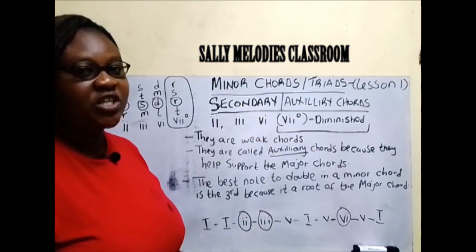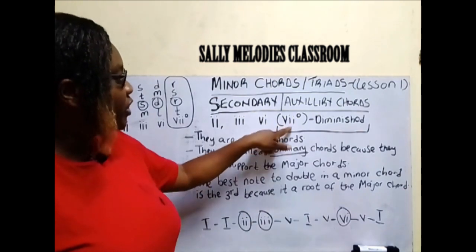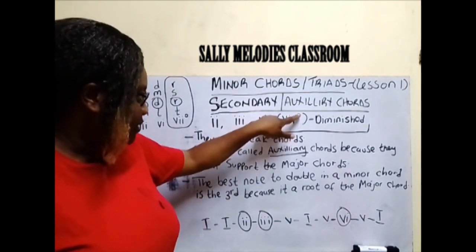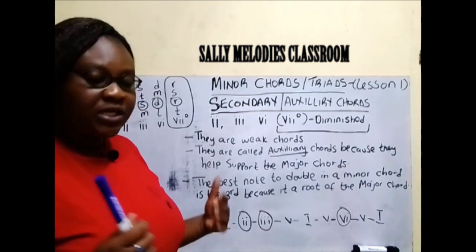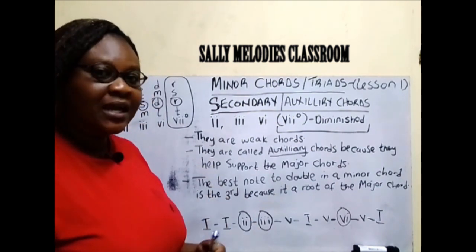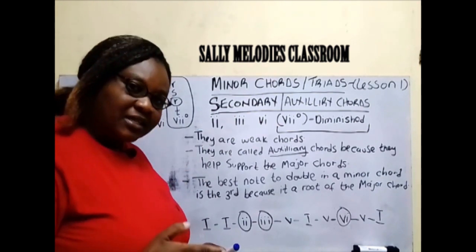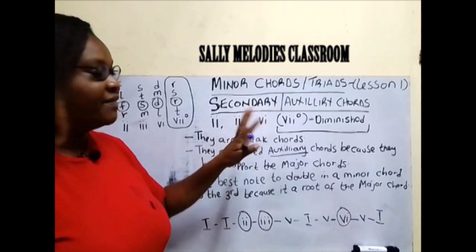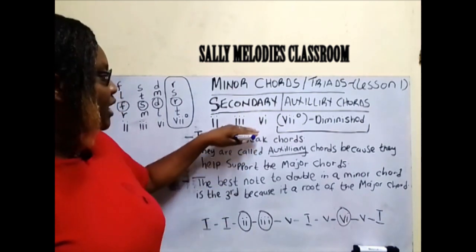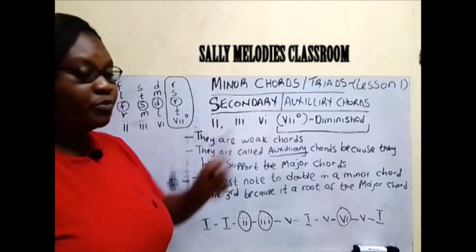It is diminished, and that is the reason why when you write it, you need to put something up there to show that it is diminished. What is diminished? It is minor, and then it is reduced. We differentiate the minor and the major chords when we come to the Roman numerals.